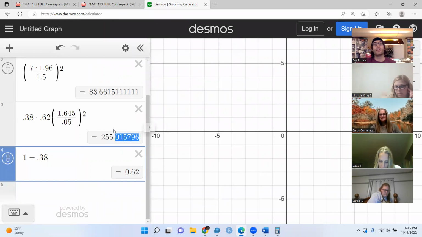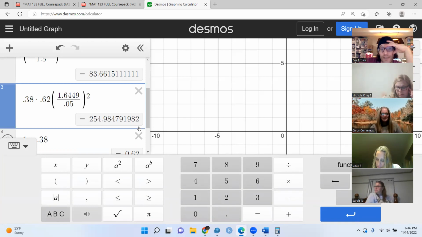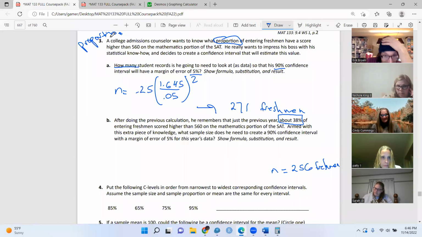But remember, this is the minimum amount we need. Let's see, if we do 1.649, good point, it makes it 255. Yeah, nice. So here is a really important point. Show your work. Show your work.